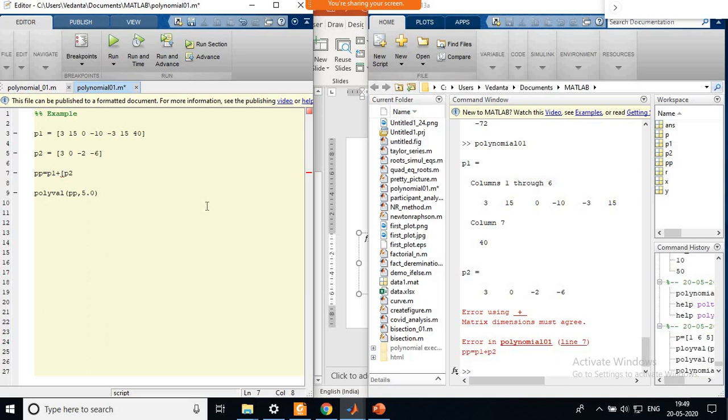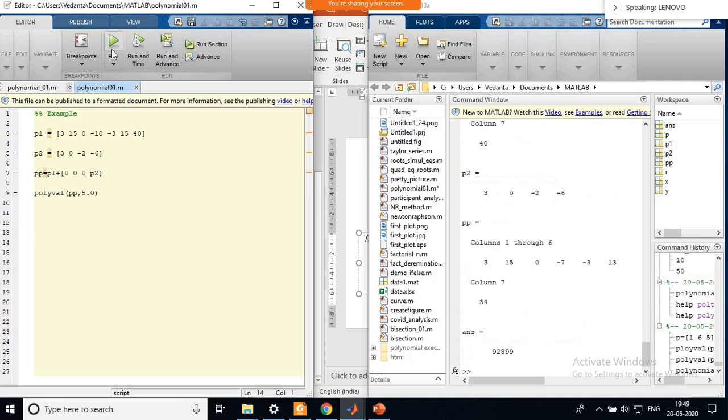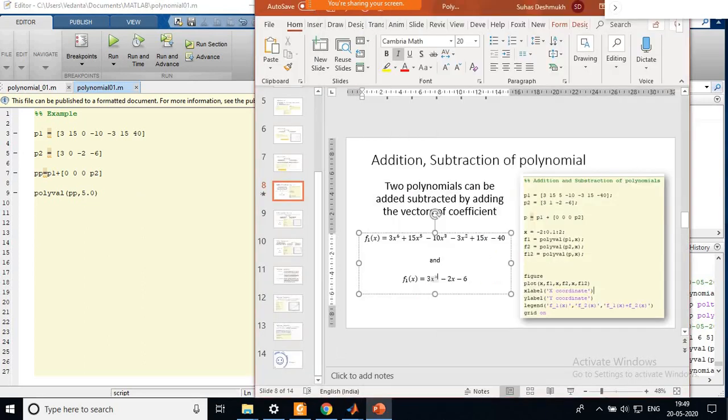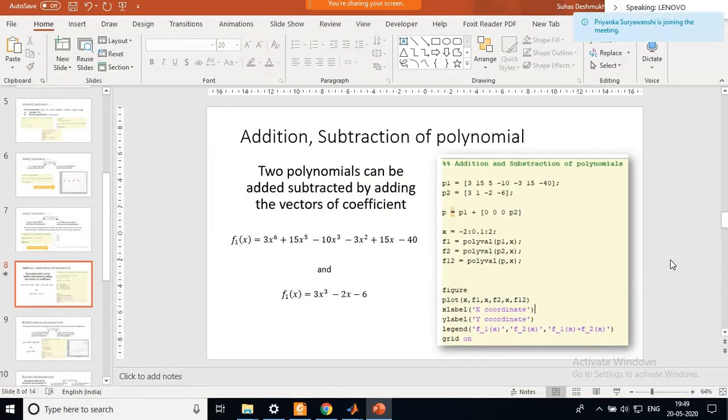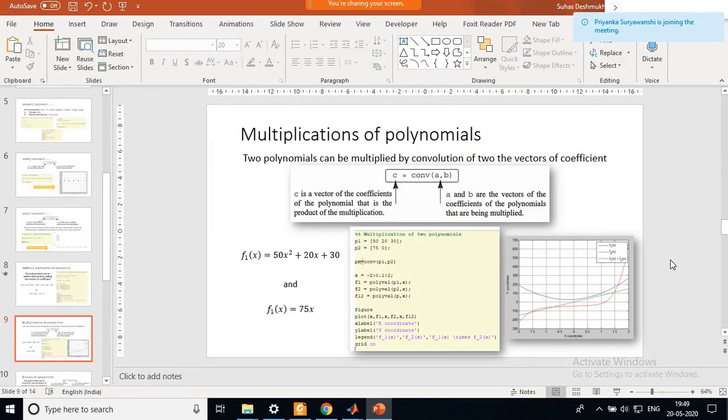Here we have 4 elements and above we have 7 elements. So I can now pad zeros, 0, 0, 0, into this, and this is the way you can add up, and it will determine the addition or subtraction. Once we have done this, we know addition and subtraction.